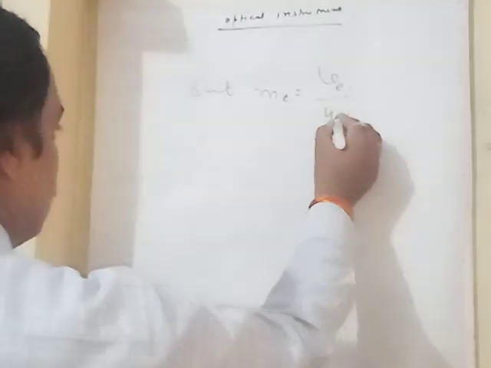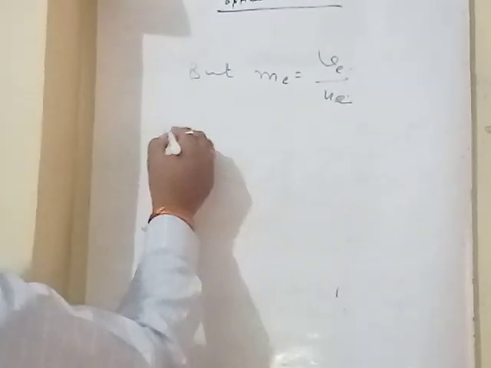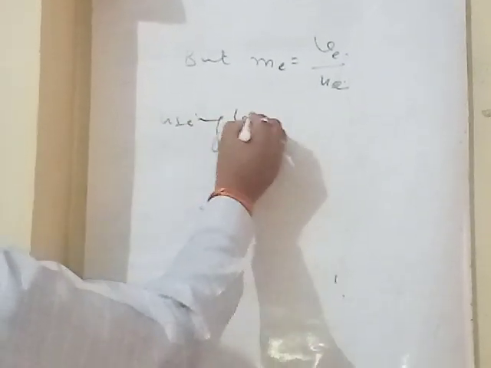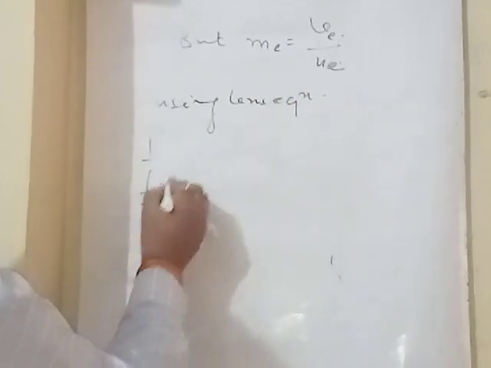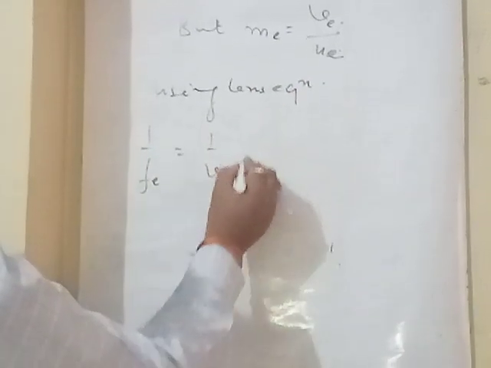But ME equal to VE by UE. Using the lens equation, we have 1 by FE equal to 1 by VE minus 1 by UE.